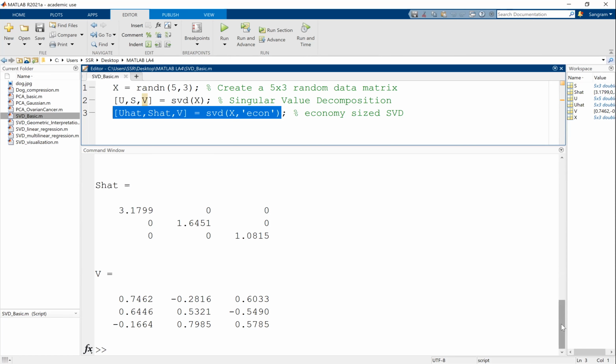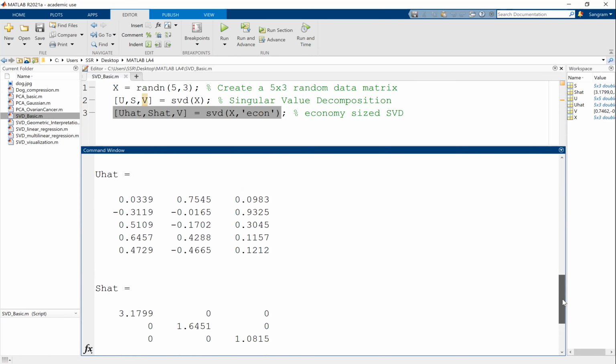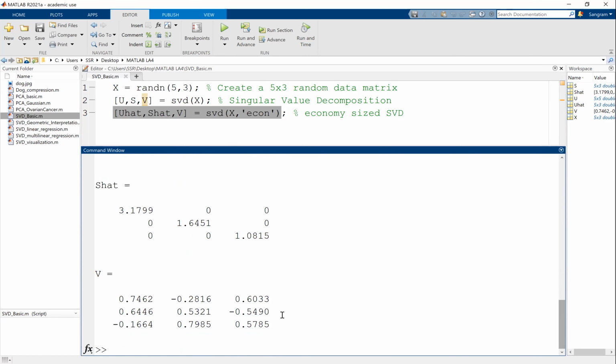Now, can you see that Matlab gave you a U hat, which only contains the first 3 columns, and V hat, which contains only the first 3 rows? Everyone understood this?